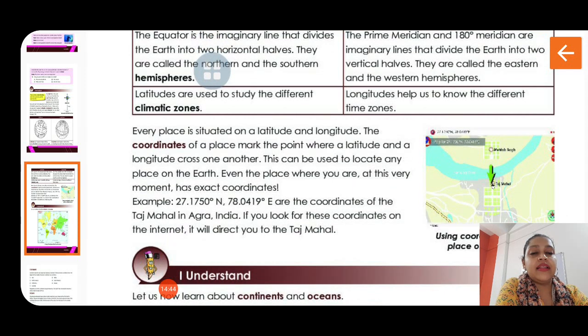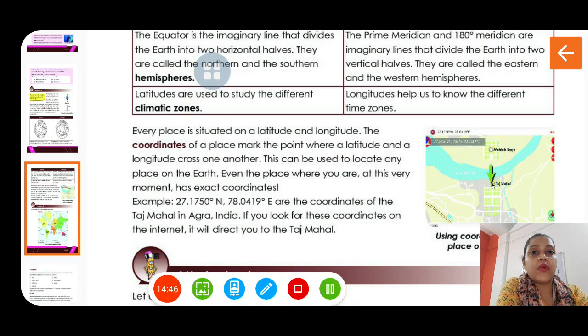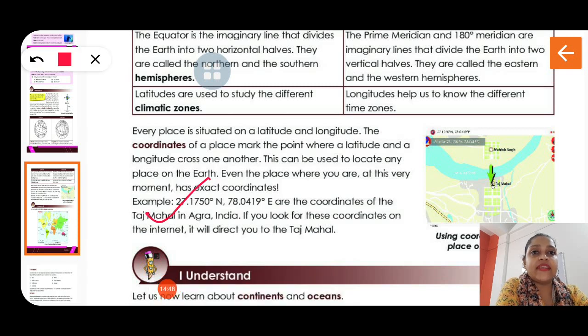So here one very good example is given: 27.1750 degree north and 78.0419 degree east are the coordinates of the Taj Mahal in Agra. If anyone tells you to find the coordinates of the Taj Mahal, then you'll have to find the latitude and longitude where they cross at the Taj Mahal.